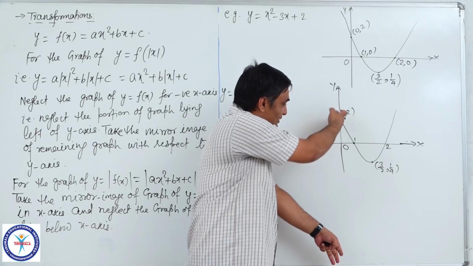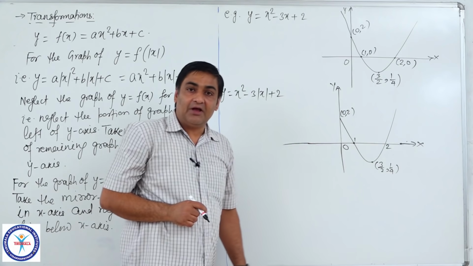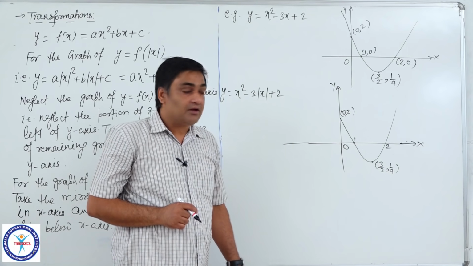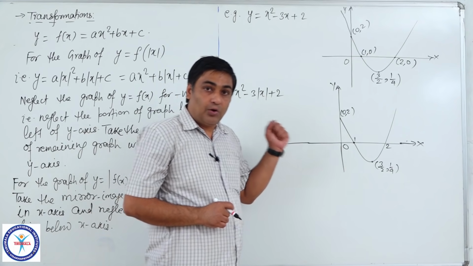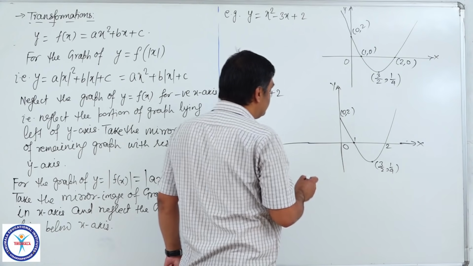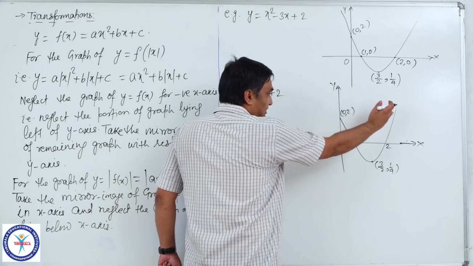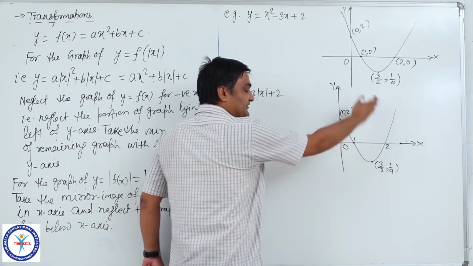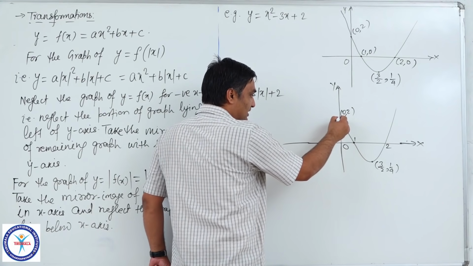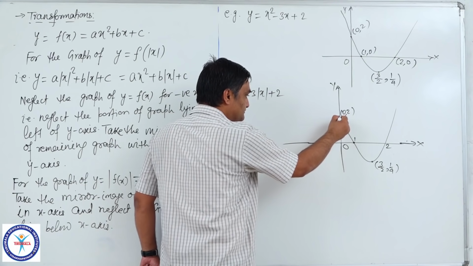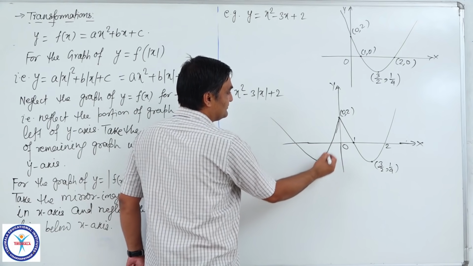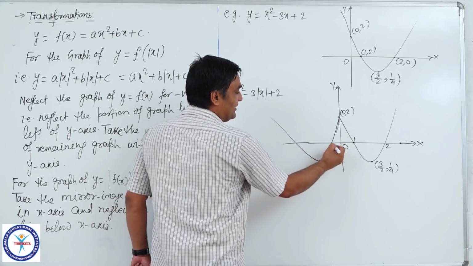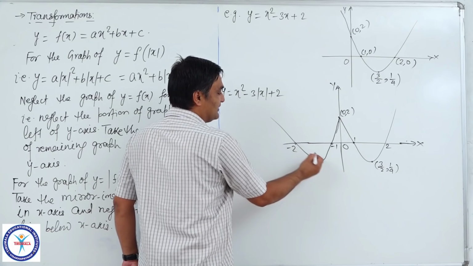Means consider the y-axis as a mirror. Okay? So, if we take the mirror image of this graph in the y-axis, it will be like this one. This point will be minus 1, minus 2.